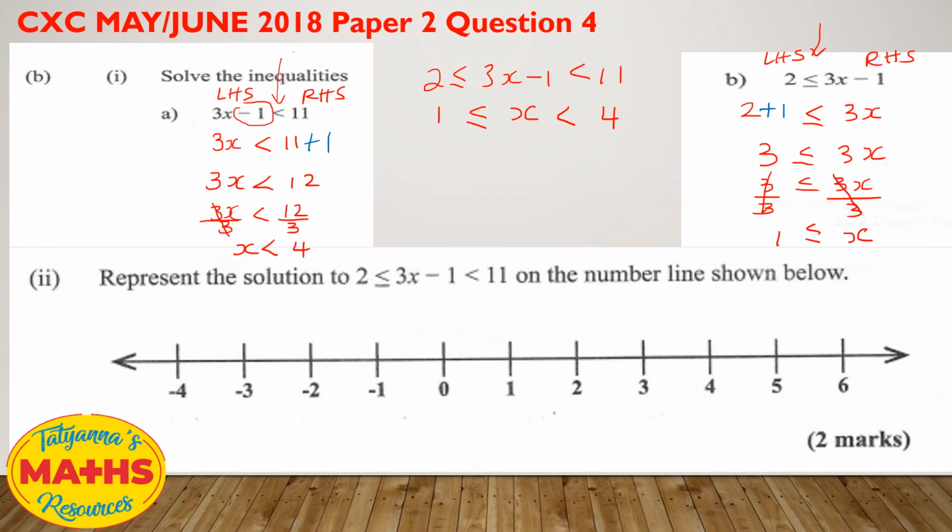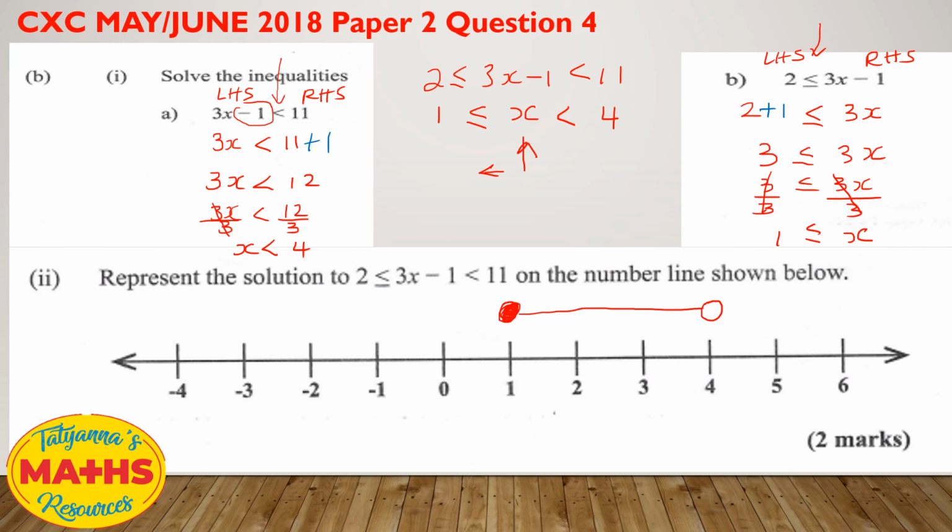Okay, I'm going to represent that on the number line. We're going to understand that this is x, and we are reading in that direction. So x is more than or equal to 1. So I'm going to put my circle over 1, and because it is less than or equal to, I have to shade this circle here. And then we have that x is less than 4. So I'm going to put my circle over 4. It's going to remain open because it is less than, and then I'm going to connect my lines.